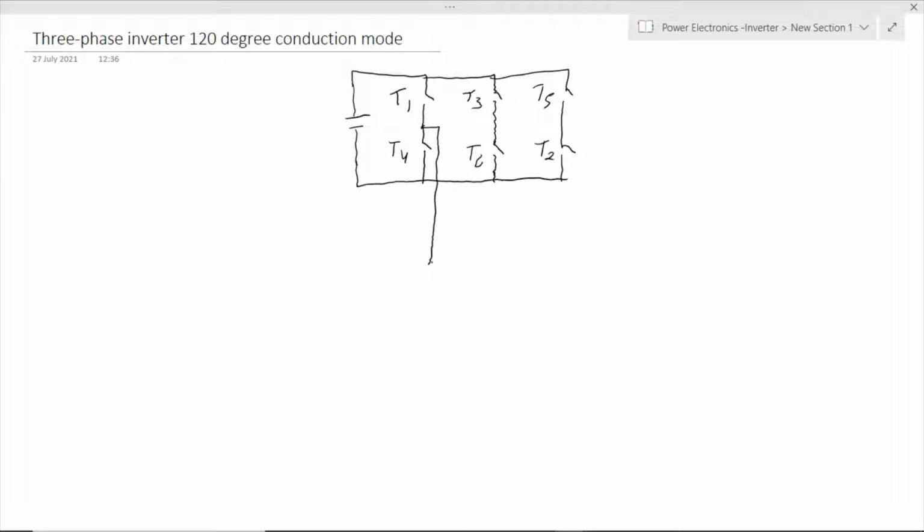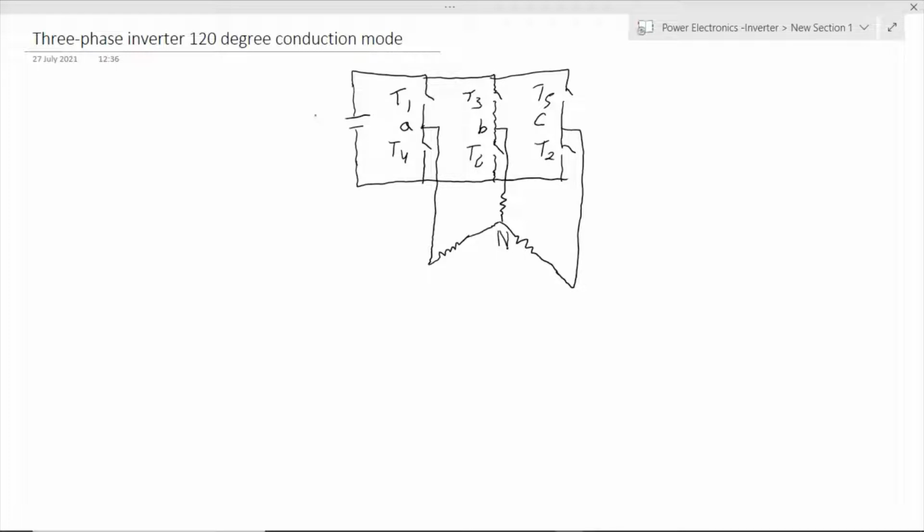So three phases will be there. We can take it like this: first phase, second phase, and the third phase. This is A phase, B phase, C phase, and this is the neutral.